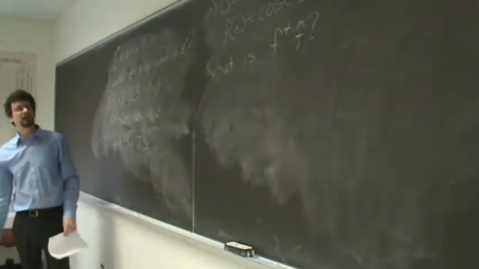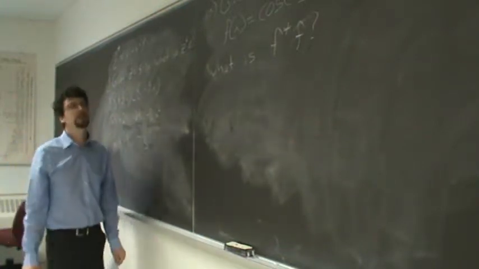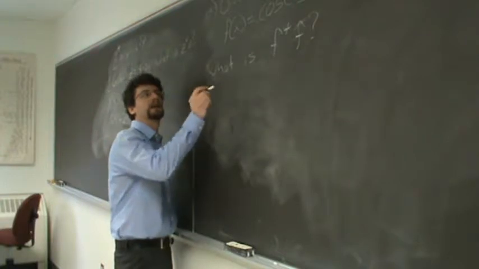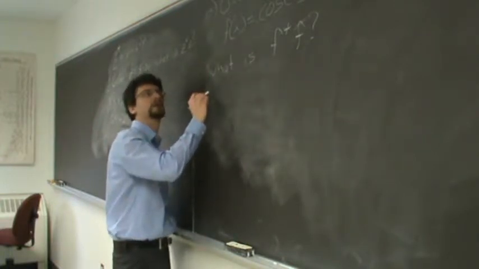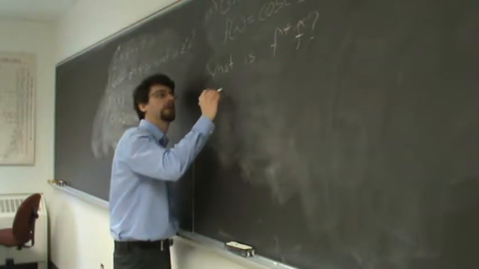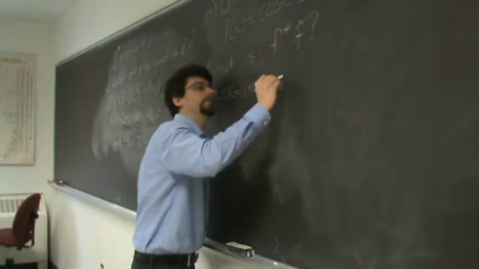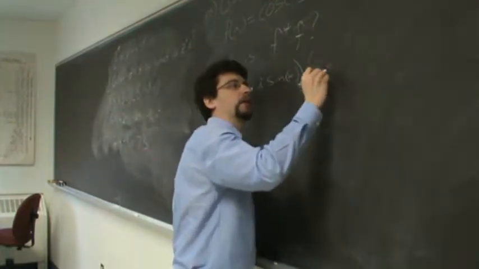Okay, so we want to look at our function. We want the complex conjugate times that value. Okay, so what's going to be my complex conjugate of this function? Yep. Okay, now I need to multiply that by just a regular function.